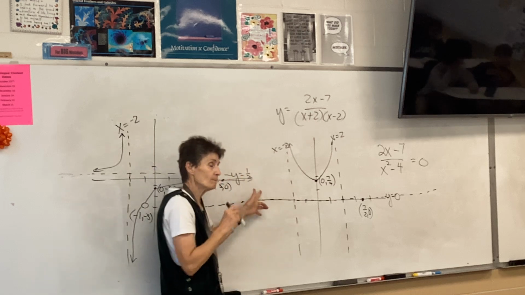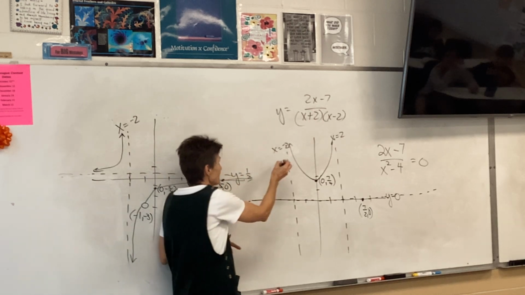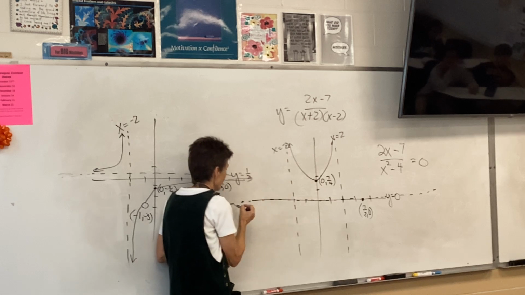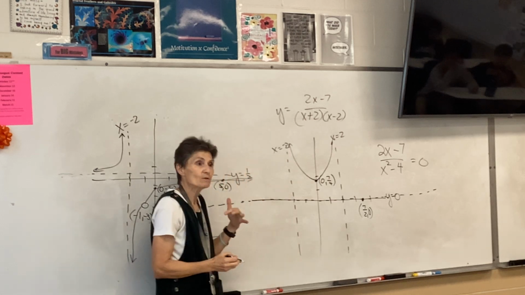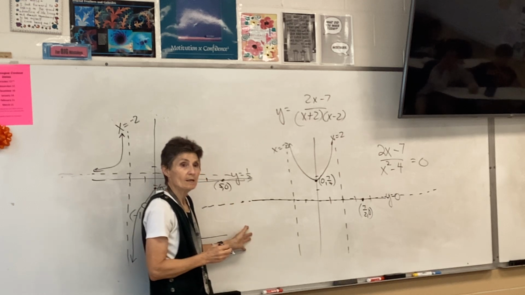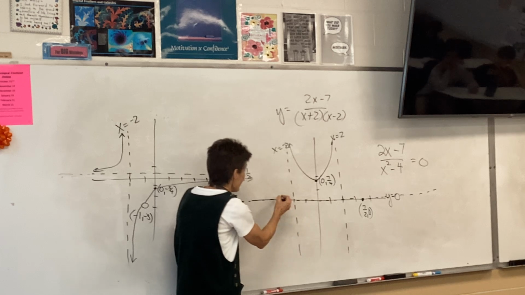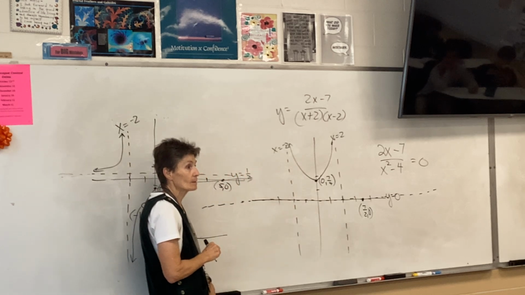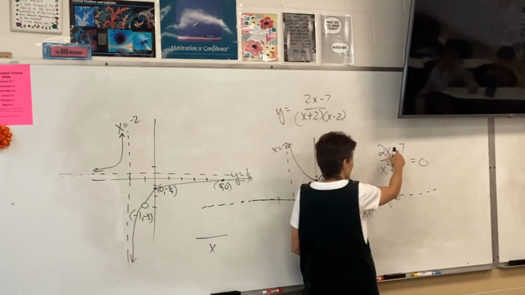Out here, could I make the same argument that it's either looking like this or like this? Does that make sense to you? I really have no idea. There's no clues. So I think I'm going to pick a point. Maybe, what is that, -2, maybe -3? What happens if I put -3 in here?